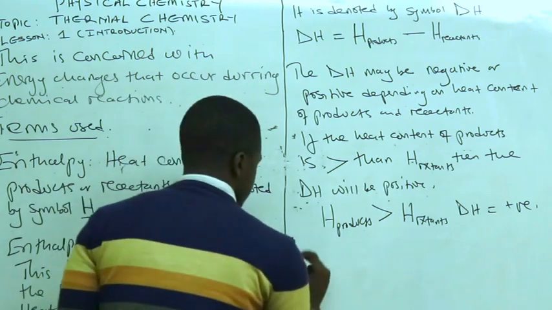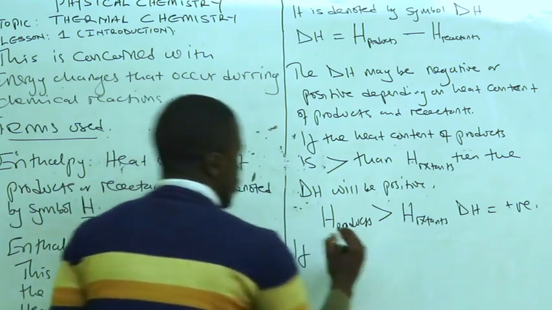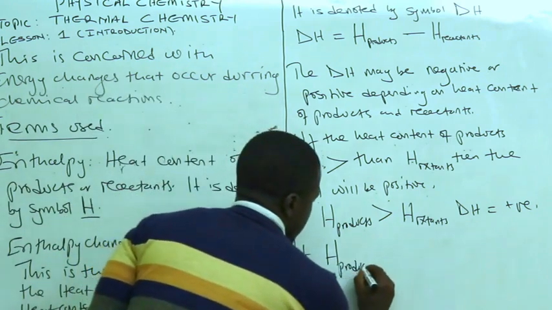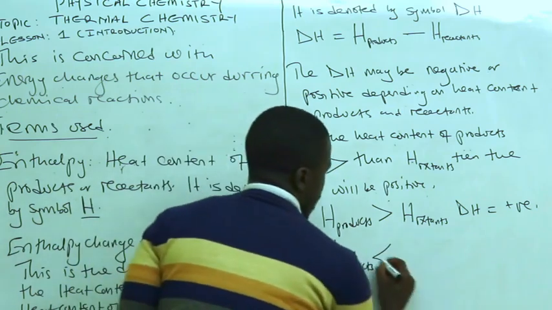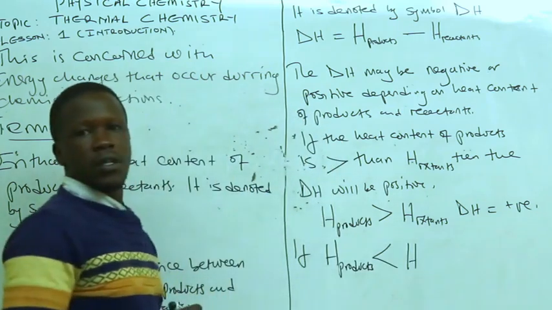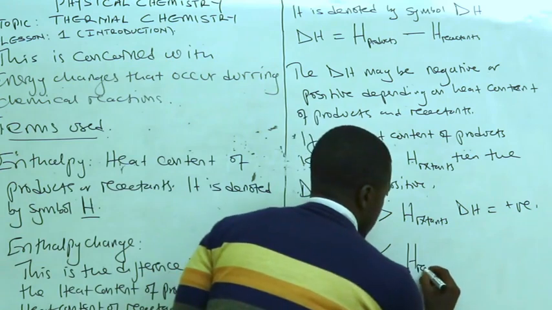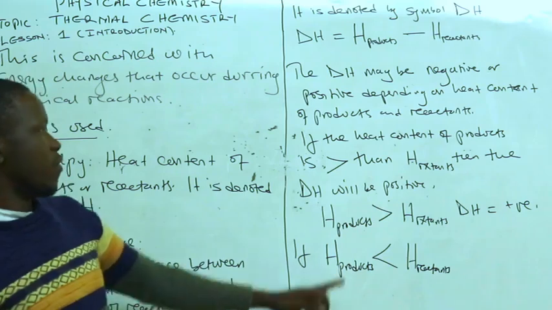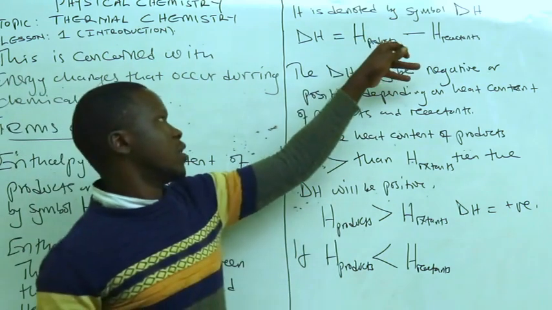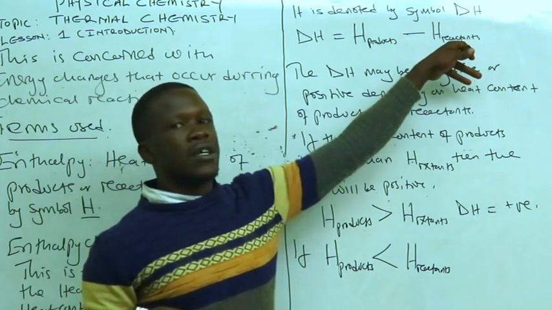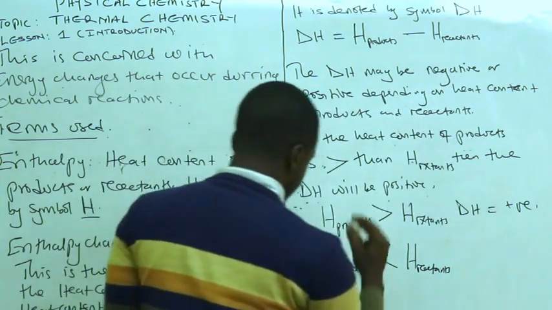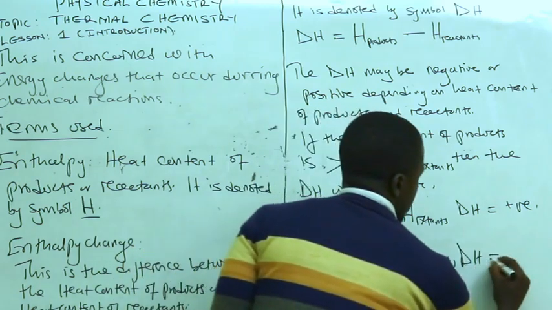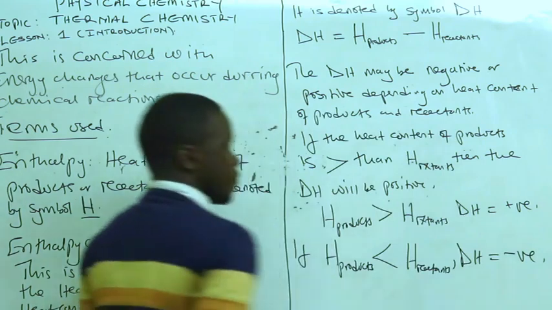However, if the heat content of the products is less than the heat content of the reactants, then ΔH is going to be negative.